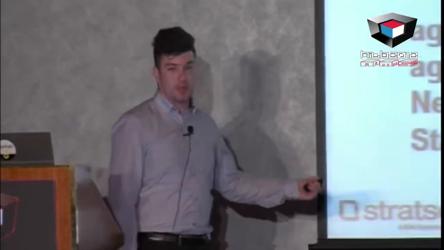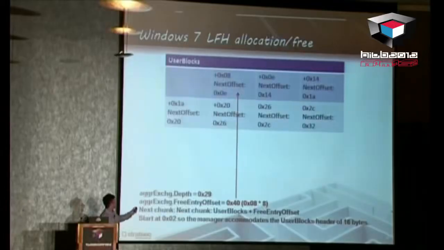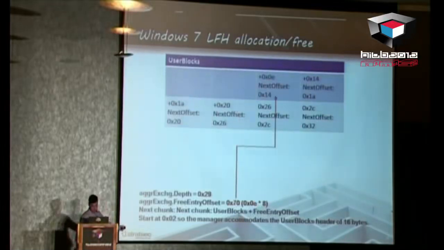And then there's a depth set in the aggregate exchange, as we saw before. So upon an allocation, the free entry offset is updated here, as we can see, and that next offset that was here is now written here, times 8 gives you that, and that points to the next chunk. So essentially it just works by updating it like that.